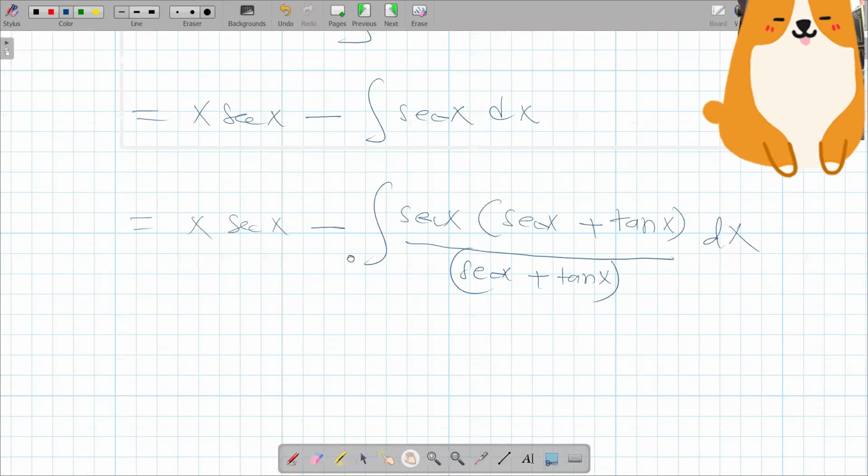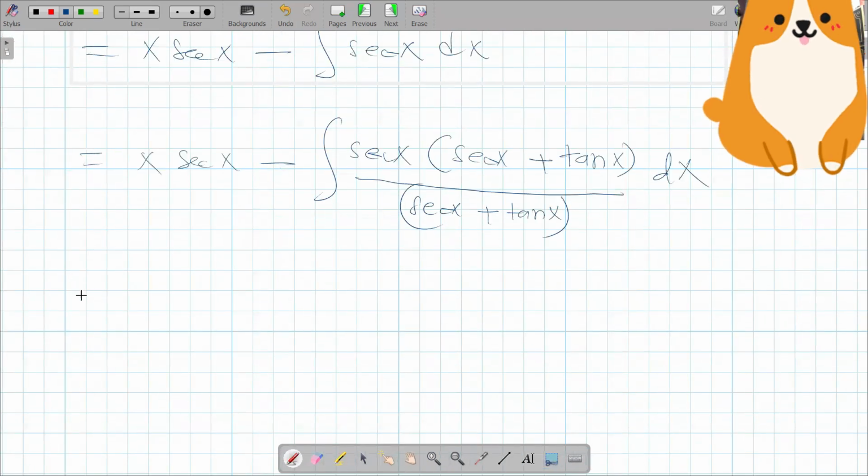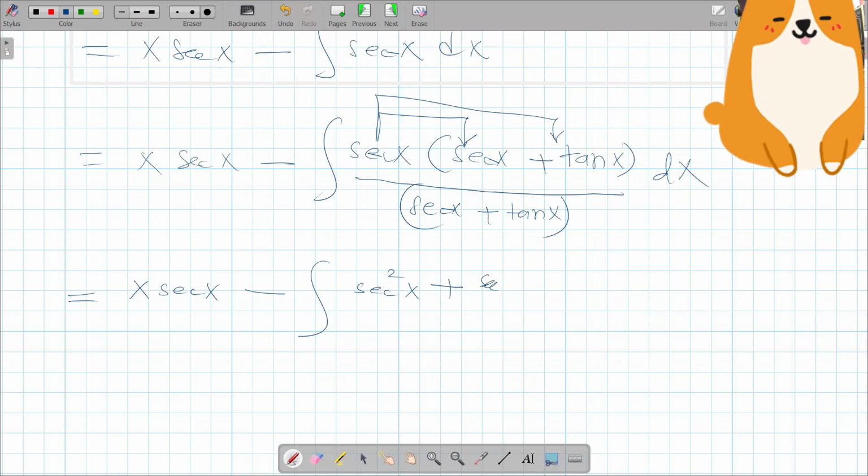Is this legal? Yes, it is legal. Multiply sec x with sec x, we get sec squared x. Multiply sec x with tan x, we get sec x tan x, and divide by sec x plus tan x.